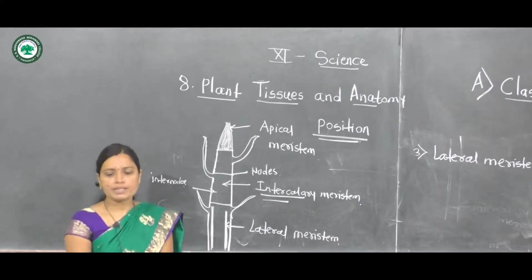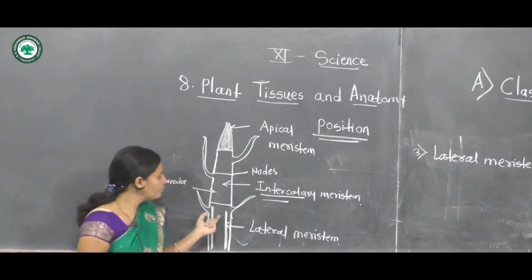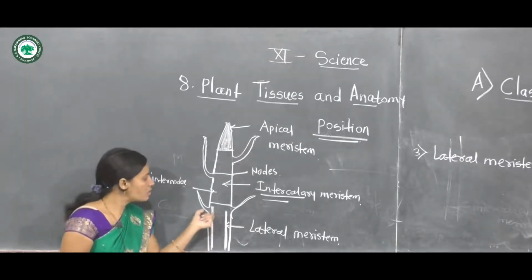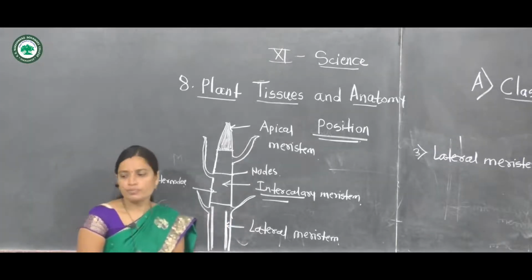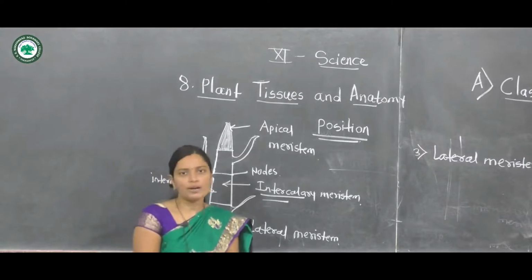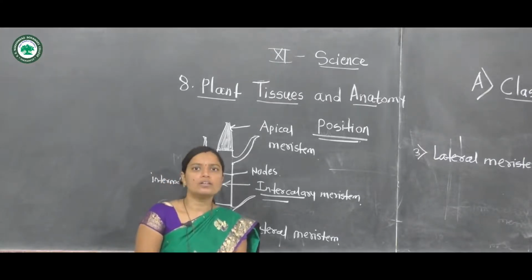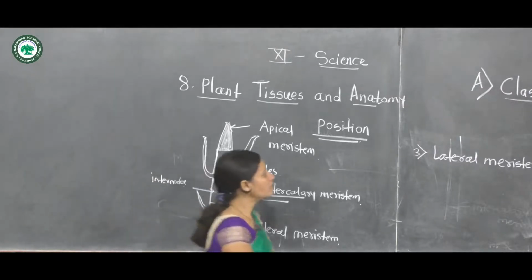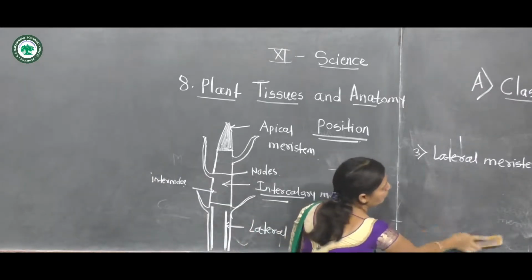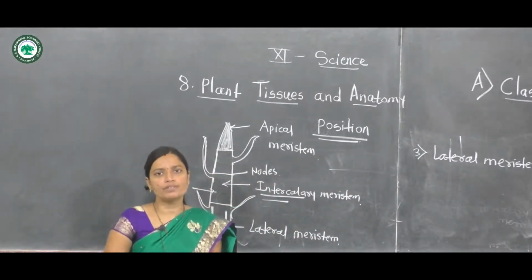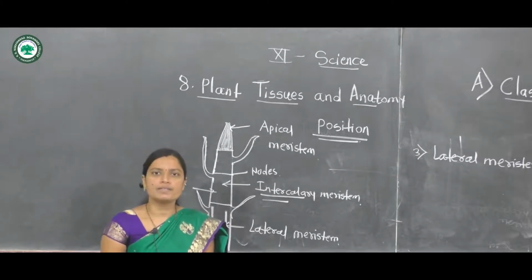This lateral meristem is present at the side of the stem and root regions. The cambium plays the most important role, because secondary growth takes place in the plant body.